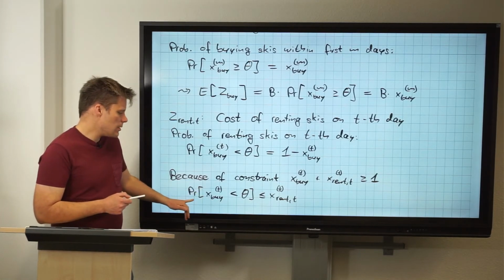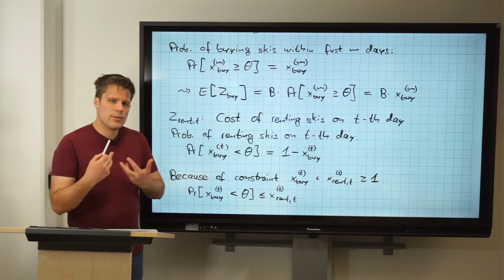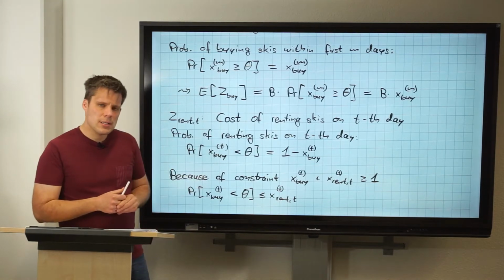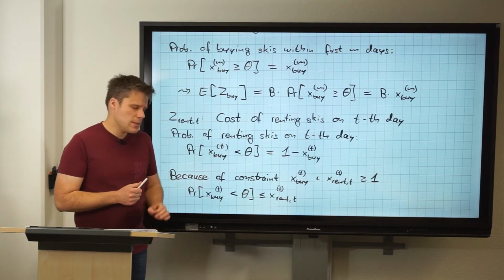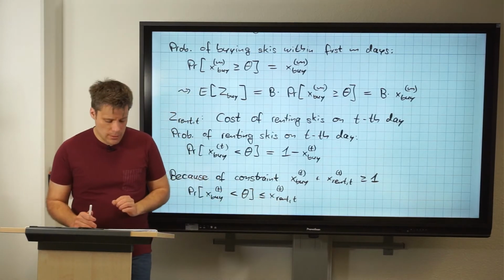So this means that the probability that our algorithm, which we're devising based on whatever fractional algorithm is given to us, is renting the skis is at most the value of this particular rent variable.